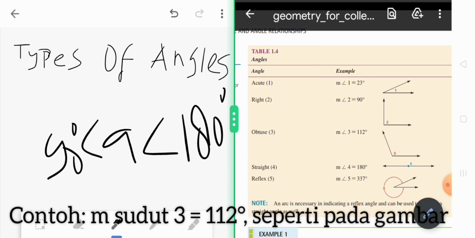Example: m angle 3 is equal to 112 degrees as in this picture.